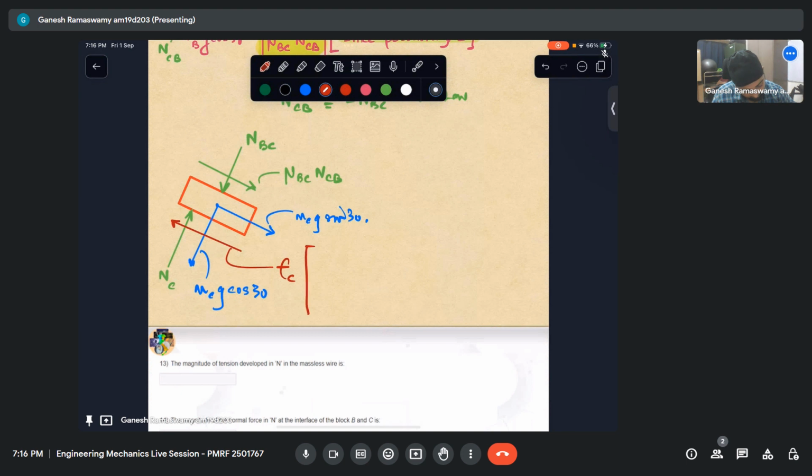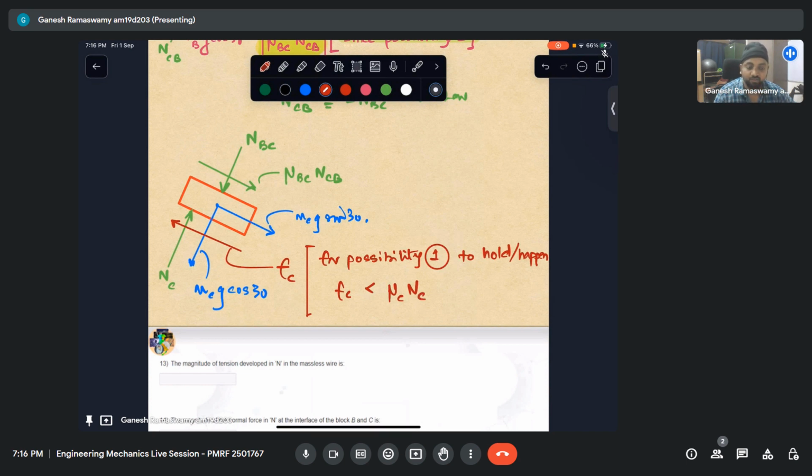Now for possibility 1 to hold or happen, Fc must be less than, not equal to, it should be less than mu C NC, where mu C is given to be 0.4 in the question.